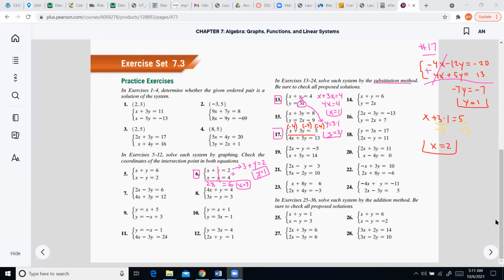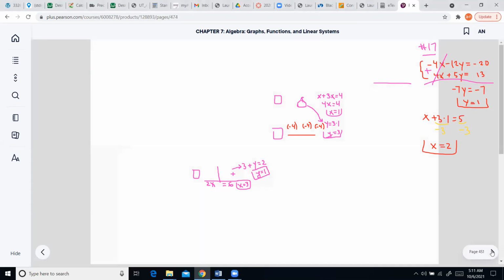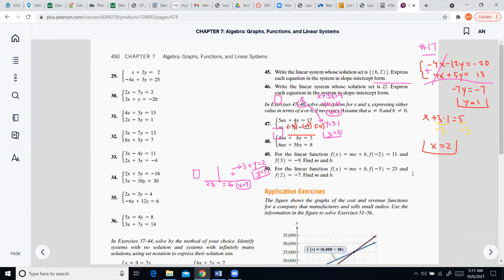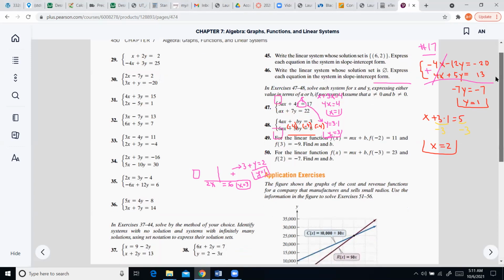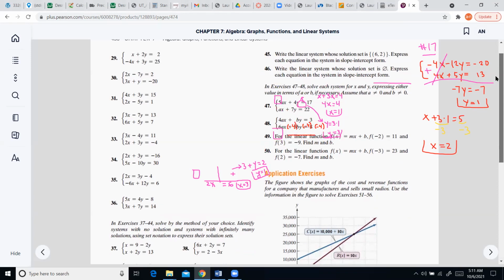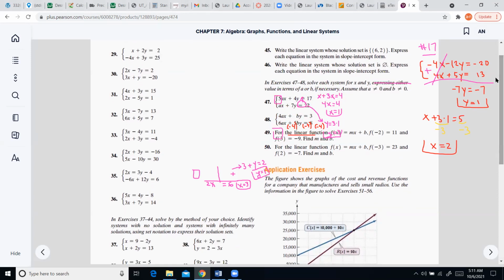Notice I don't try to graph or check because that's, well, definitely could be done for fun, but I guess we're not really into doing all that. I just move to the next page and notice there's some more systems here.